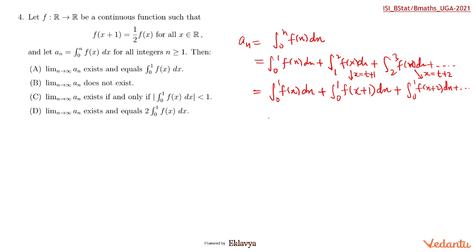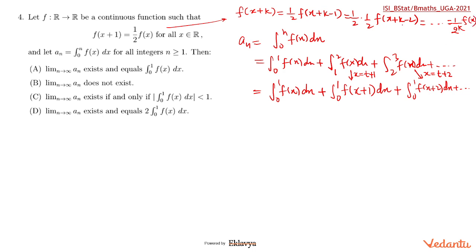One more thing: from this relation we know what f of x plus k is. f of x plus k is 1 by 2 f of x plus k minus 1, which is 1 by 2 into 1 by 2 f of x plus k minus 2, and so on. So it would be like 1 by 2 raised to the power k times f of x.